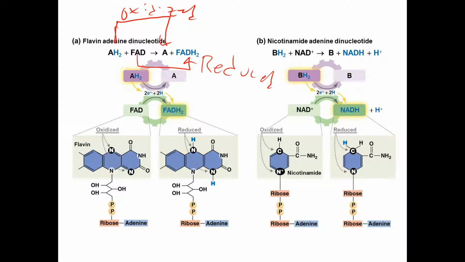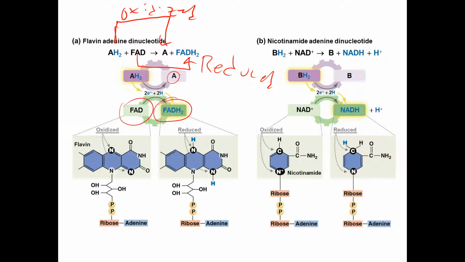Reactant A with two hydrogen atoms gives up its electrons, its hydrogens, to FAD. This initial reactant is oxidized, it's lost electrons, and FAD accepts these electrons and is reduced.